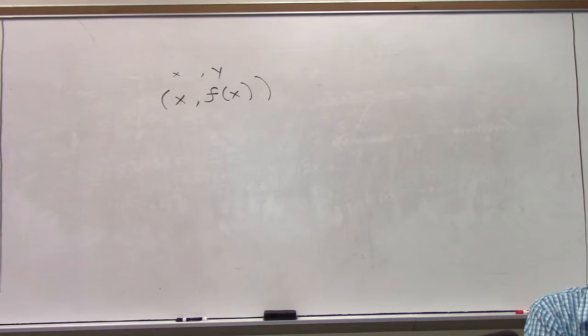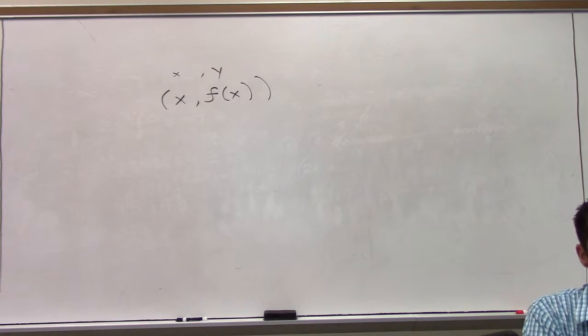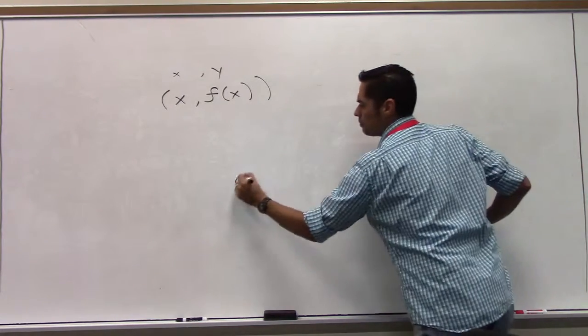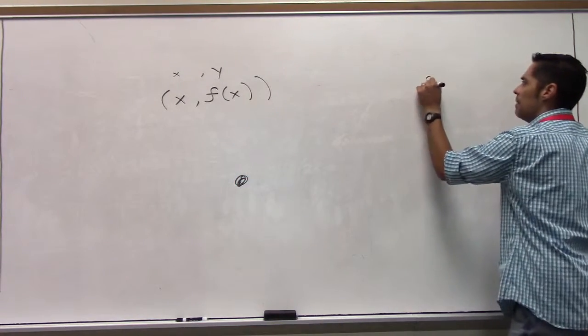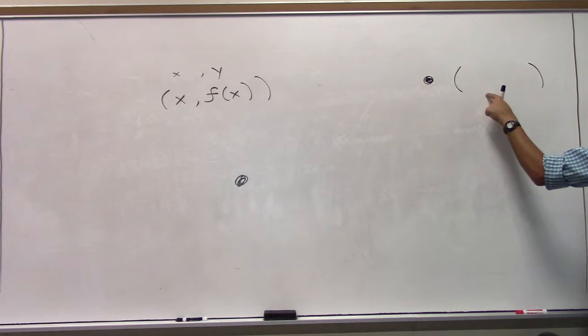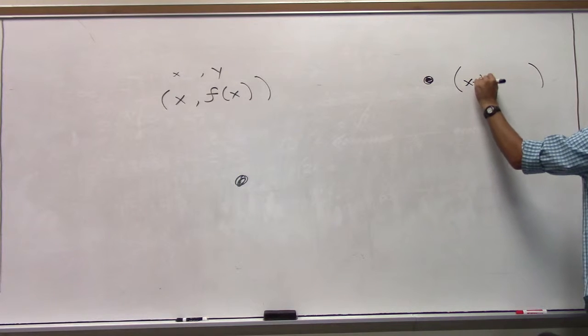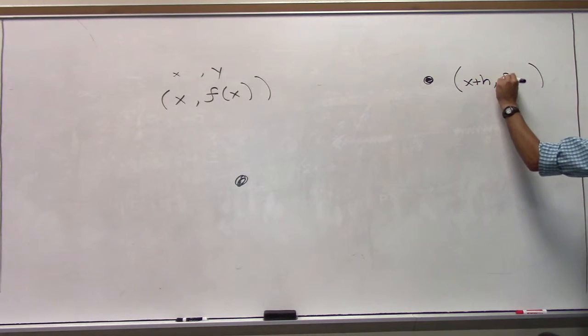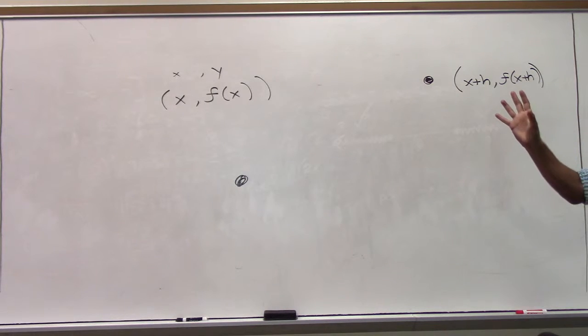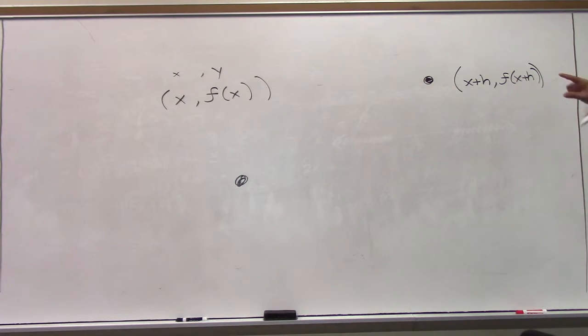If I take that value, x plus h, and plug it into the function, it's going to be up here at this height, which is the second point. There's my first point. The second point: what's the x coordinate? x plus h. What's the y coordinate? The function evaluated at x plus h. Y'all understand that? Those are the two points that I have up there.